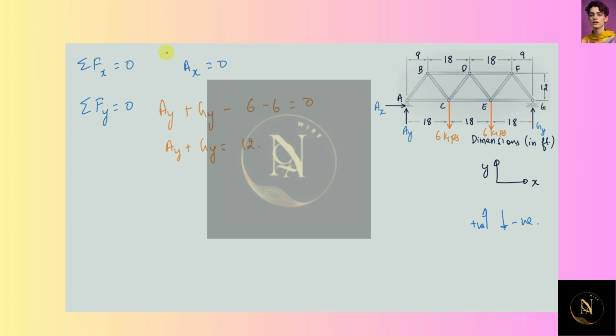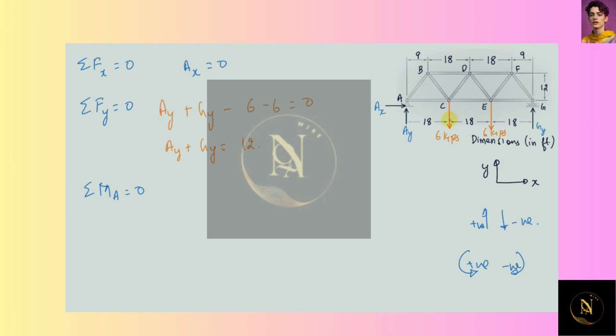Now we can take moment about point A. So sigma MA should be equal to 0, and the moment in the anti-clockwise direction will be taken positive and the moment in the clockwise direction will be taken negative.